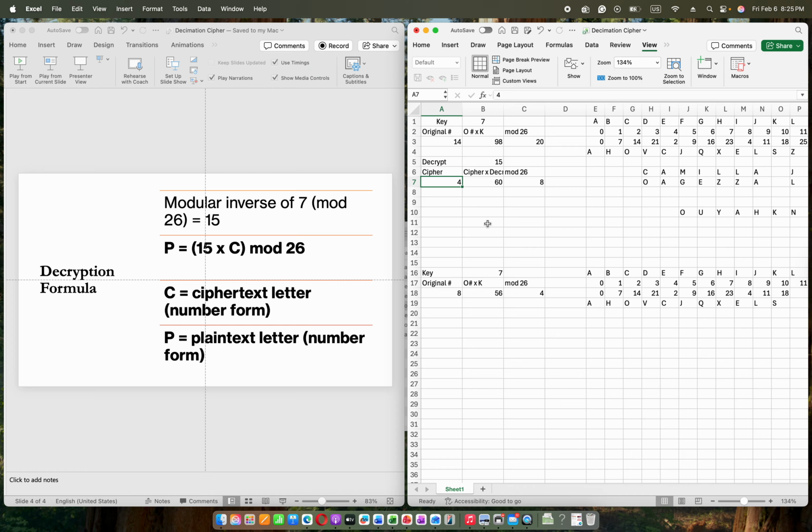Let's try 5. Let's try 15. Look at that, it's 1 right there. So 15, that is our decryption number. That is the reverse key.